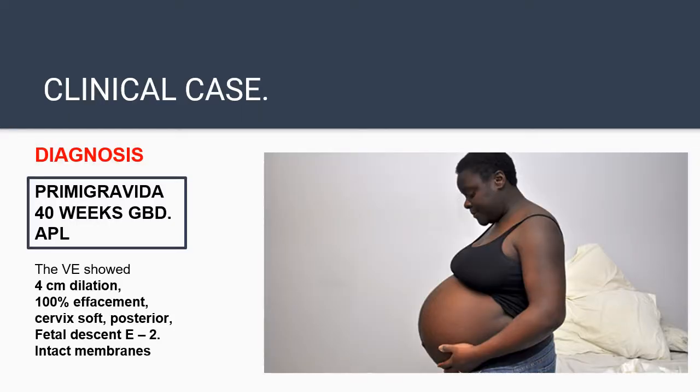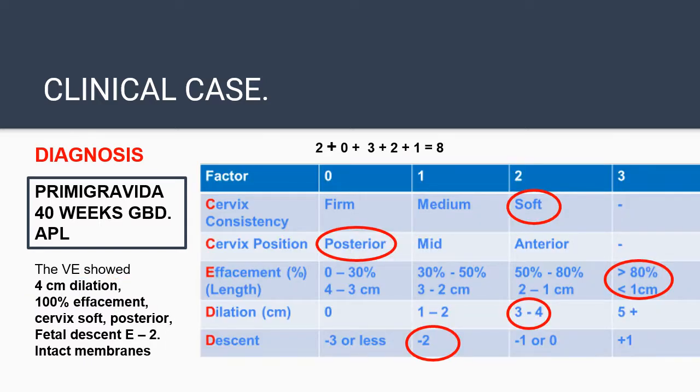So coming back to our clinical case, what is our Bishop score here? With all these things that we have, what is our Bishop score? This one. So we have here the table. That is the same table that we need to fill in with pencil in the file of the patient when we are admitting the patient.